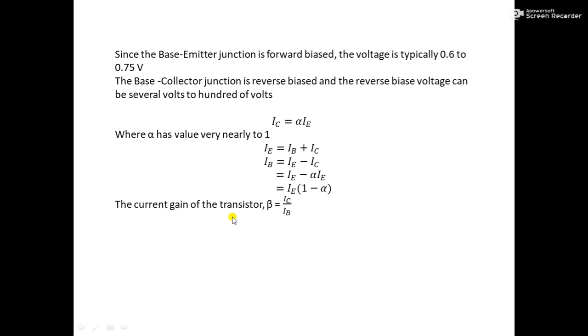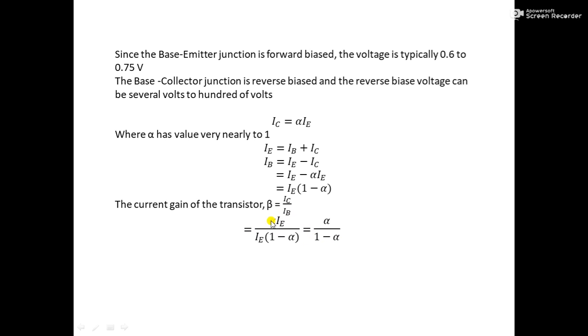So the current gain of the transistor, which is written as beta, is equal to IC by IB, and putting the values IC equal to alpha IE and IB equal to IE into 1 minus alpha, we get the relation beta is equal to alpha by 1 minus alpha. This is the relation of beta and alpha.